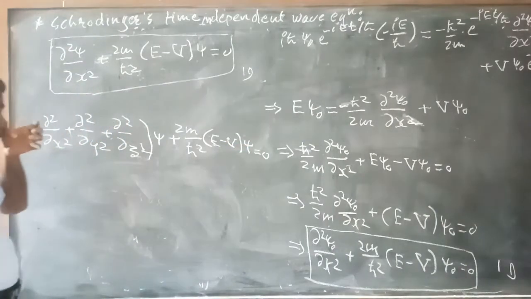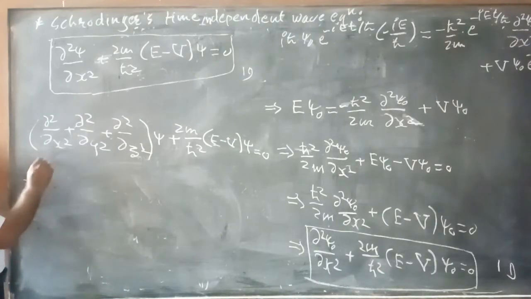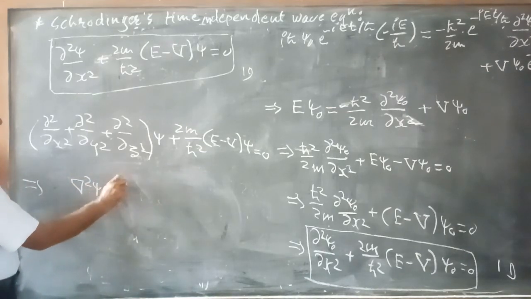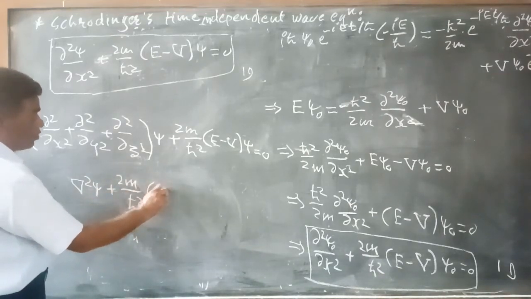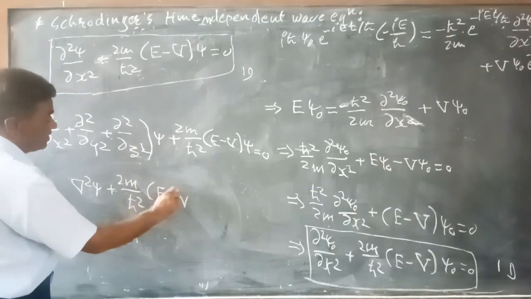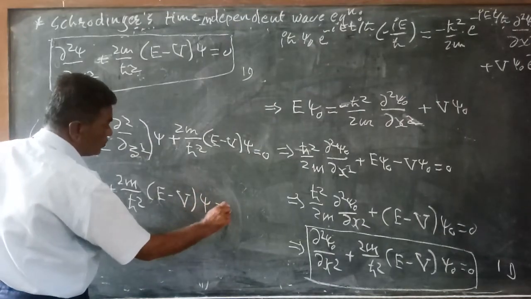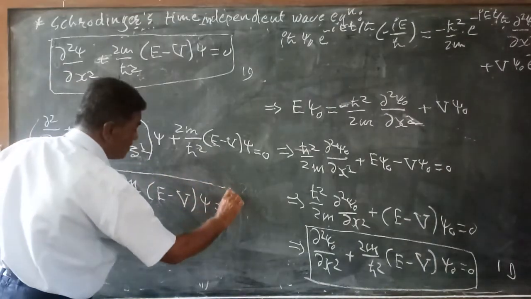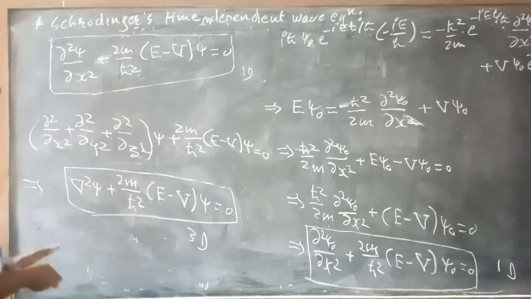We can write the equation like this in the three dimensional case, and this is nothing but the Laplacian operator, that is del square psi, plus twice m divided by h cross square in bracket total energy minus potential energy, meaning kinetic energy, psi is equal to 0. This is the wave function. So this is the famous Schrodinger's fundamental wave equation in three dimensions.